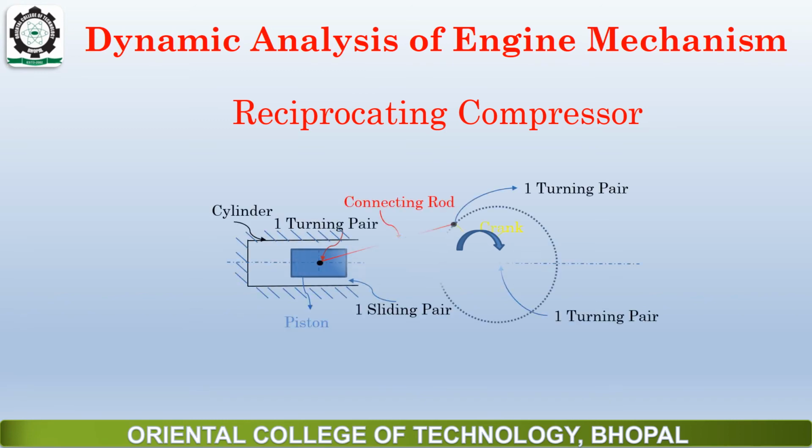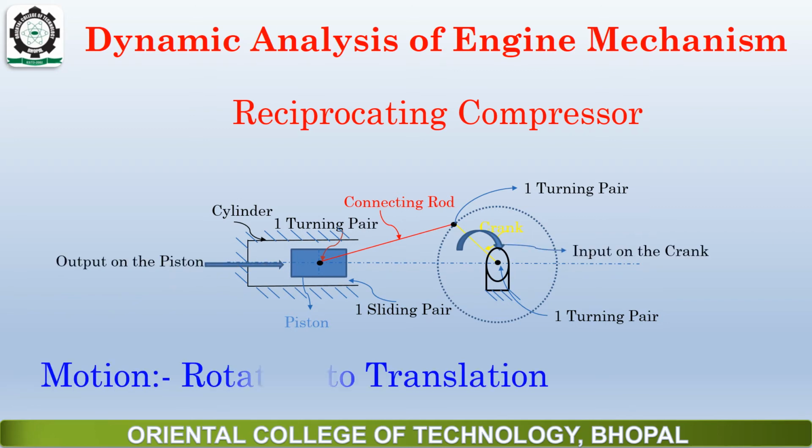The first inversion is the reciprocating compressor. In a compressor we are compressing something. Here we provide the input on the crank in the form of rotation. Due to this rotational motion, the slider reciprocates, and if some amount of fuel, or some fluid, is filled in that cylinder, it will be compressed with the help of the reciprocating motion of the piston.